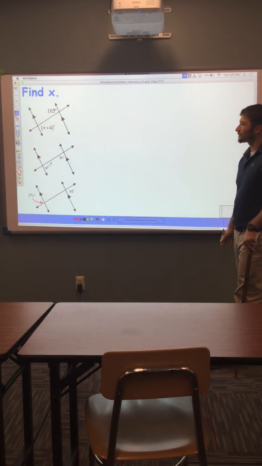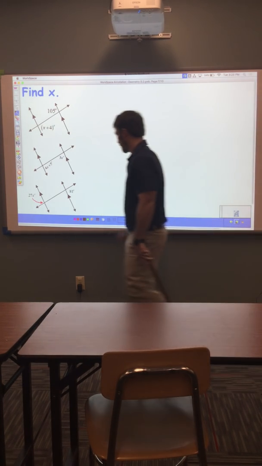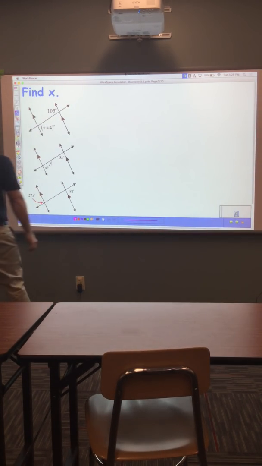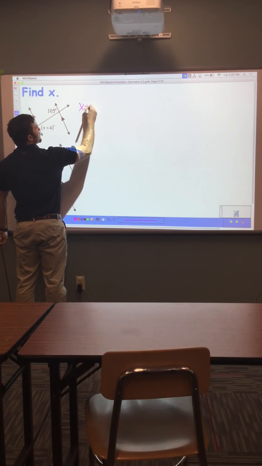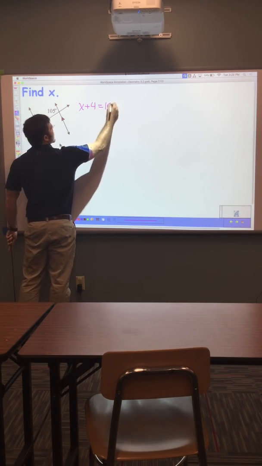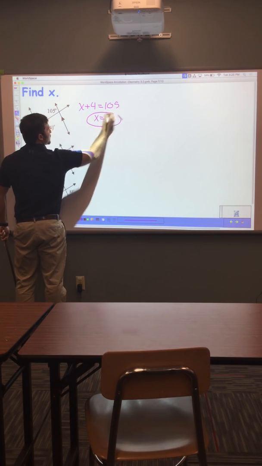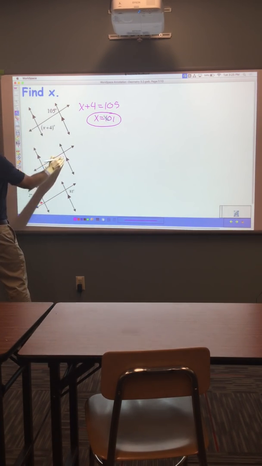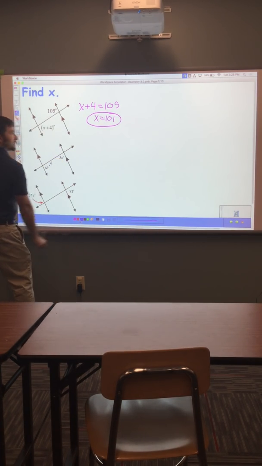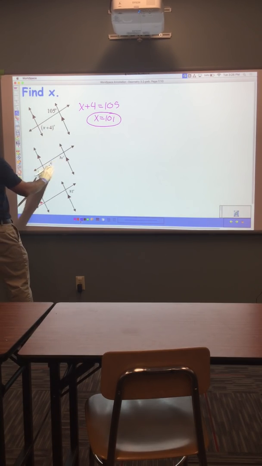Next, we're going to solve for x. So applying some algebra. Here, parallel lines, alternate interior. So these would equal, and x would be 101. Next we have same side interior. Hopefully you can see those okay.